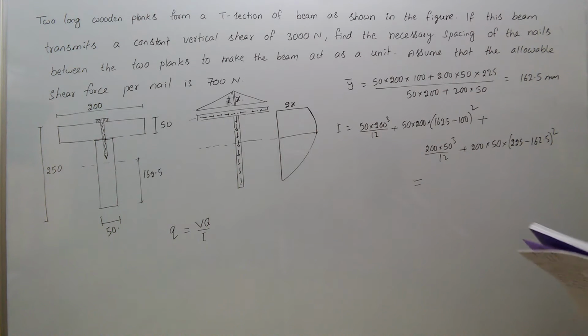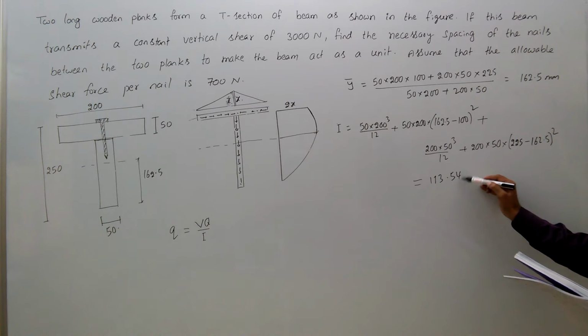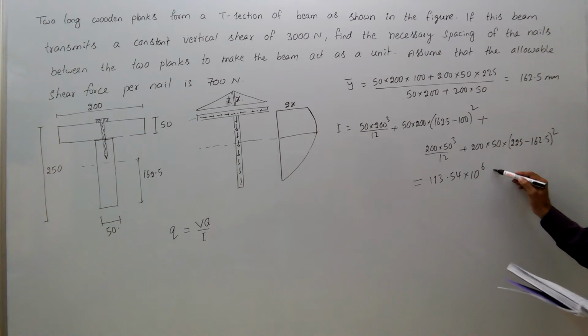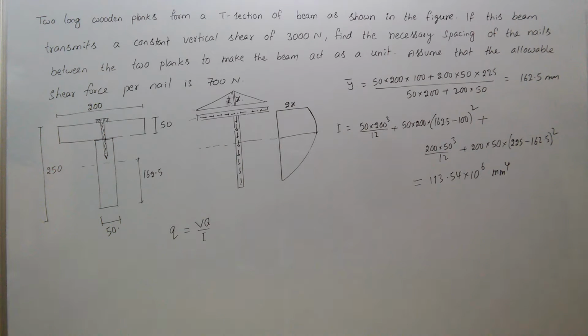So it leads to 113.54 into 10 power 6 mm to the power 4 is the moment of inertia I.